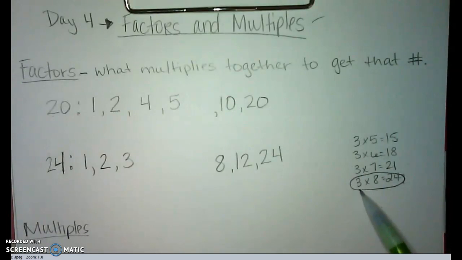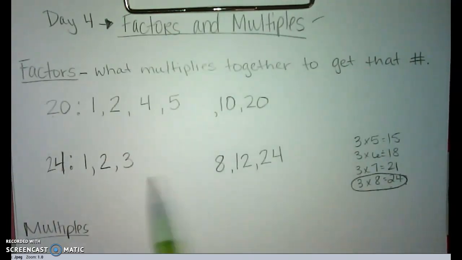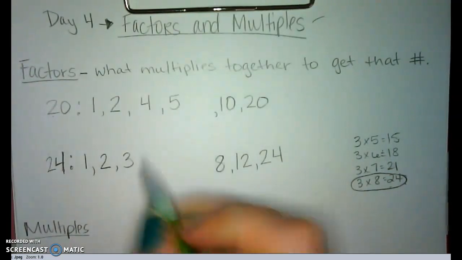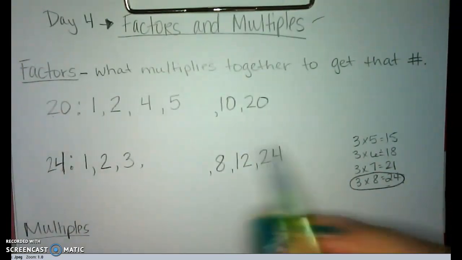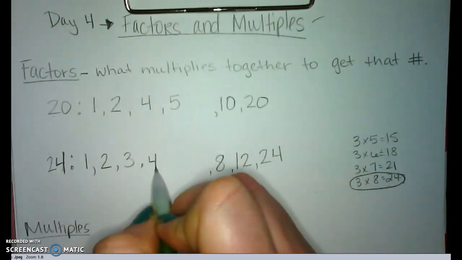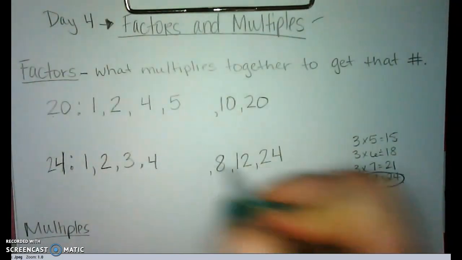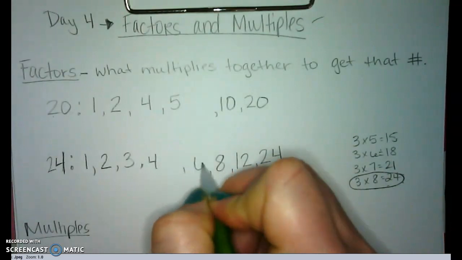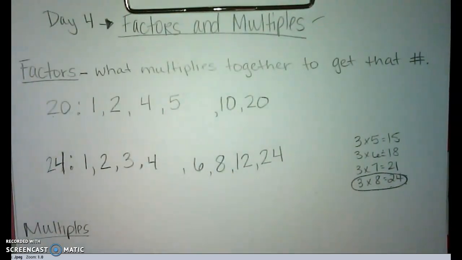If you went straight to, okay, I know 3 times 8 is 24 without having to do this, that's fine. But don't guess, because guessing is going to make you leave one out eventually. All right, and then 4, I know 4 goes into it because 4 times 6 is 24. And then that one is done. So I have factored 24.